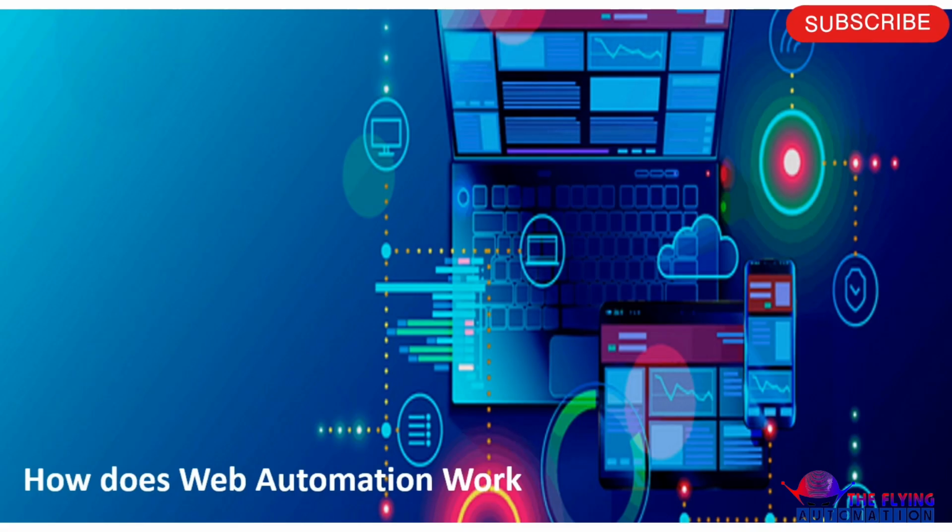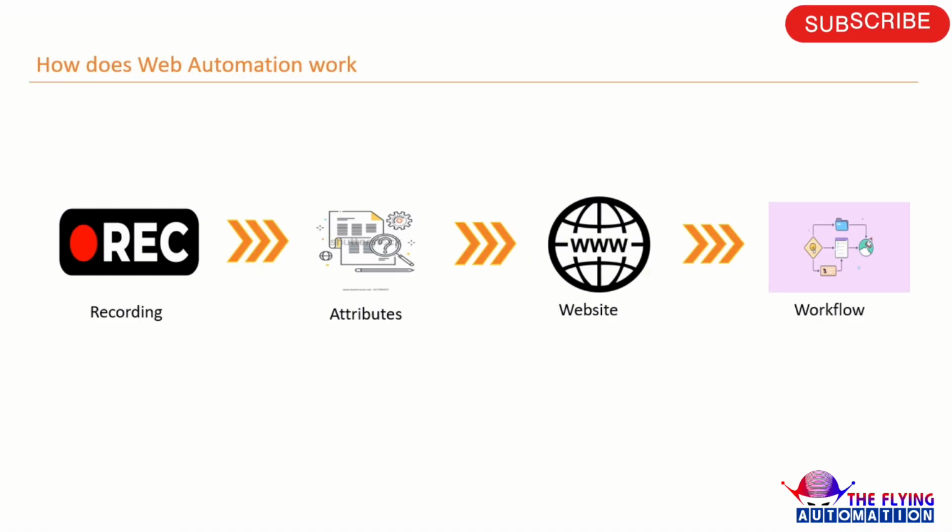Now we'll see how does web automation work. With the built-in recorder in UiPath, web automation can read and implement web-based activities. It uses attributes to identify web items and manipulate them accurately while keeping up with web page changes.